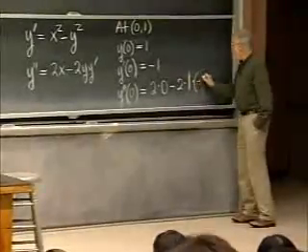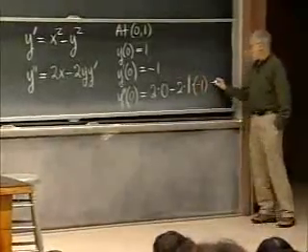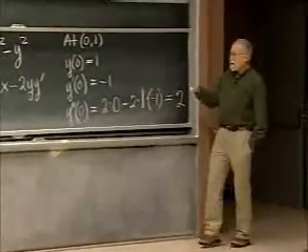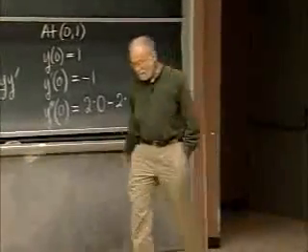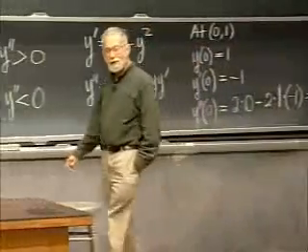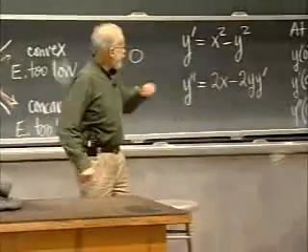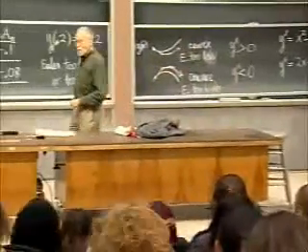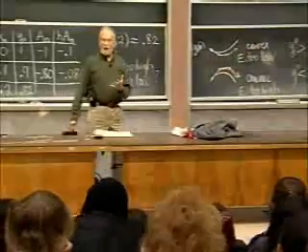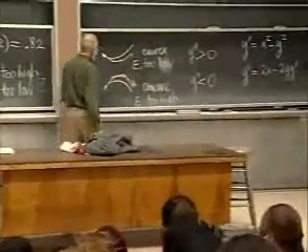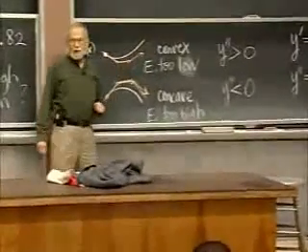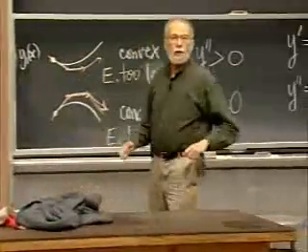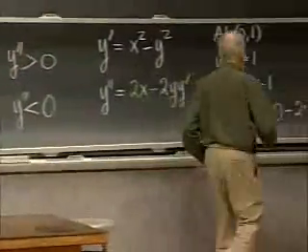So what's the answer? 0 here, 2. I've calculated without having the foggiest idea of what the solution is or how it looks that its second derivative at the starting point is 2. Therefore, my solution is convex at the starting point, and therefore this Euler approximation, if I don't carry it out too far, will be too low. So it's convex, Euler, too low.